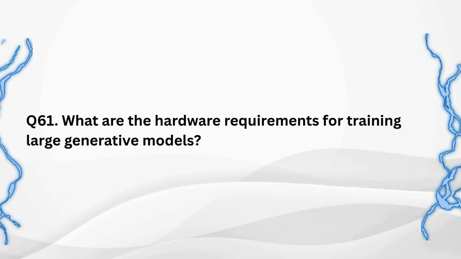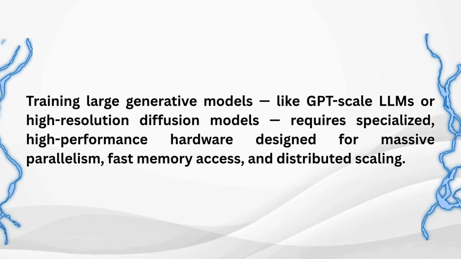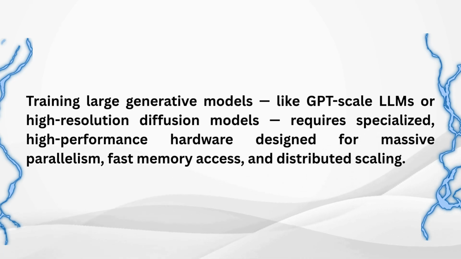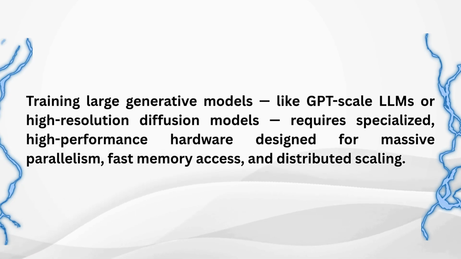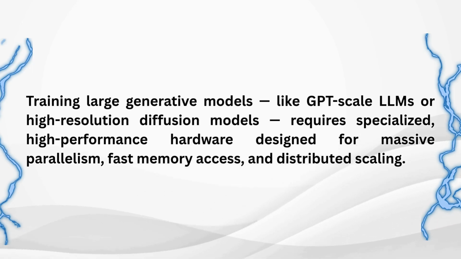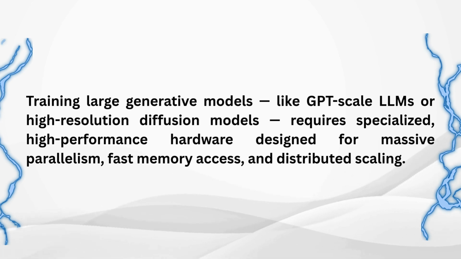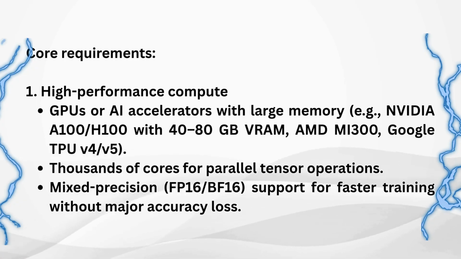What are the hardware requirements for training large generative models? Training large generative models, like GPT-scale LLMs or high-resolution diffusion models, requires specialized high-performance hardware designed for massive parallelism, fast memory access, and distributed scaling. Core requirements: 1. High-performance compute.